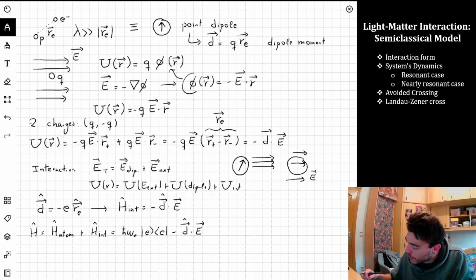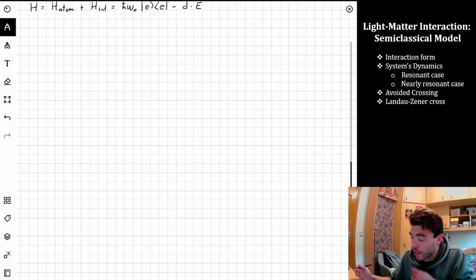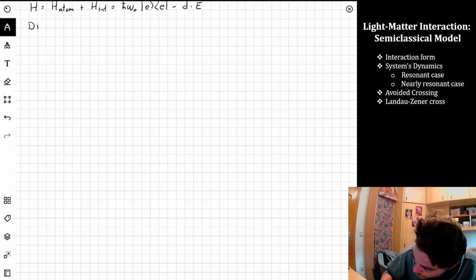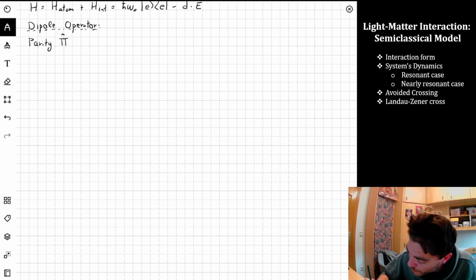Now let's dive a little bit more into what is this dipolar operator and what is the form that it should have quantum mechanically. For looking at that, we can look at symmetries in the system. In particular, we can look at the parity operator. So there is an operator called the parity operator, and I call it capital pi, that transforms in this way.